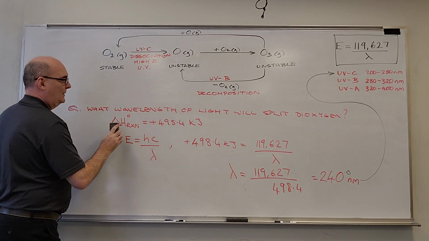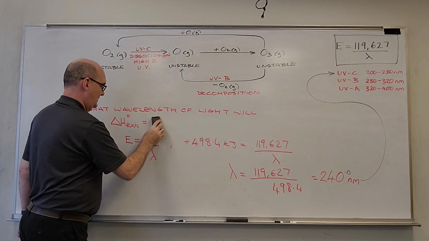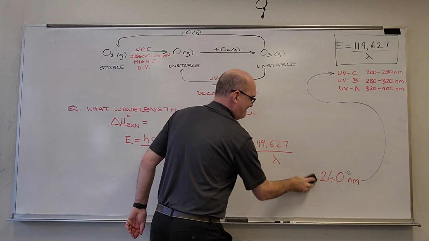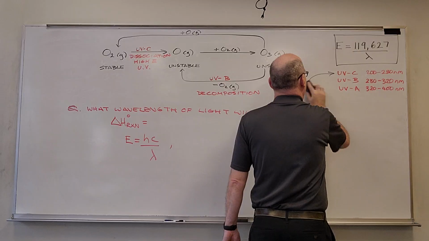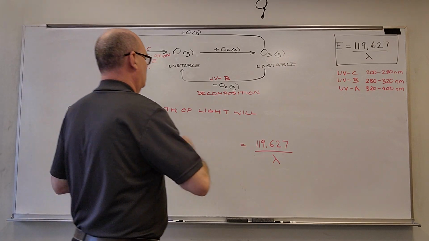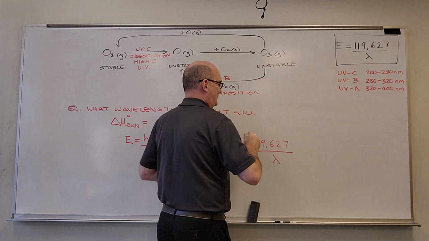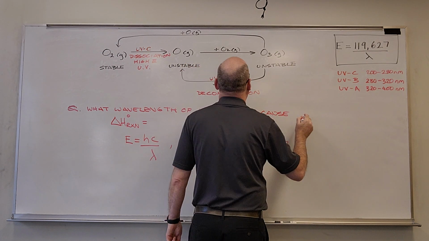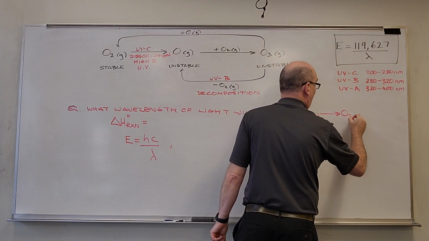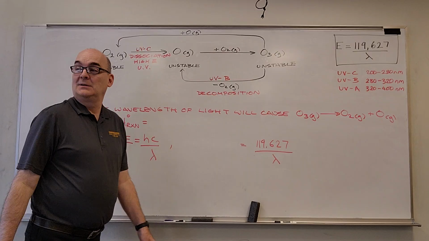Let's do, what wavelength of light will cause ozone as a gas to be converted into dioxygen as a gas and monatomic oxygen as a gas.